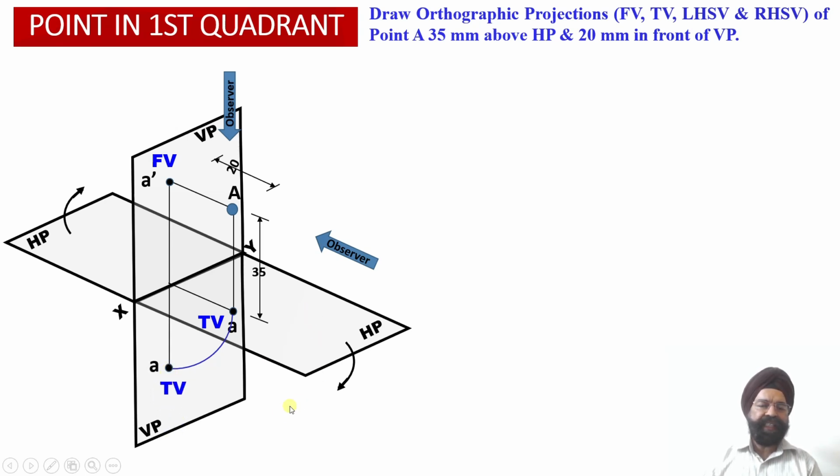That is, this horizontal plane has been rotated downwards in the clockwise direction, and this point A will be obtained onto the vertical plane after rotation. So now we can check that the A dash and A points are going to lie alongside the same vertical projector line.